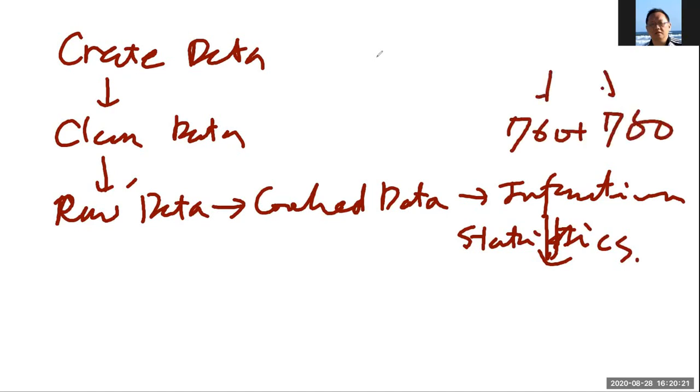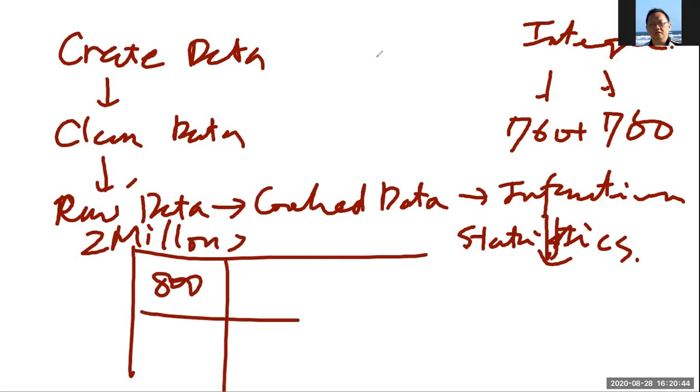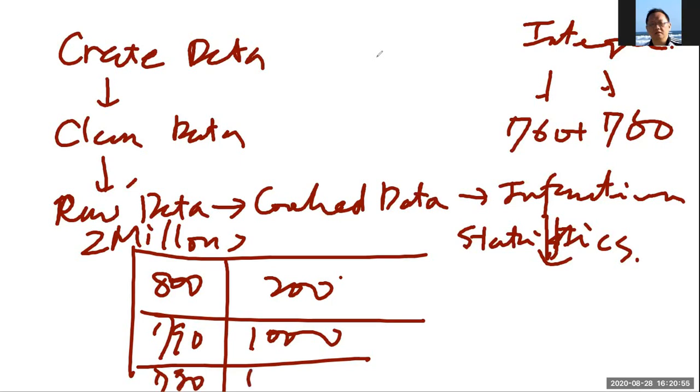Okay? This one is 760 plus 750. So these two are actually integer type, right? So two numbers, you get it, and you create statistics. So you get a table, right? So out of the 2 million students in the United States who took SAT this time, so they are math 800, maybe 200 people, right? 790, maybe 1,000 people, right? 780, that maybe 13,000, right?